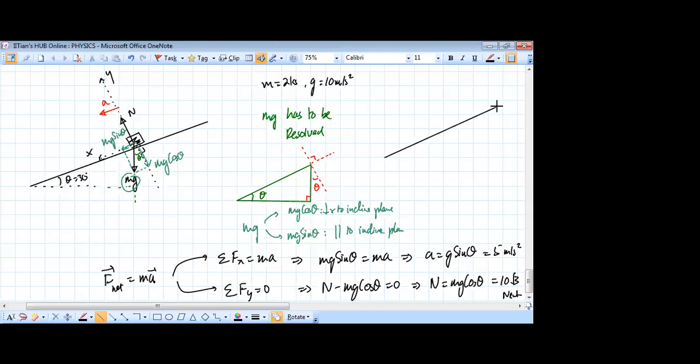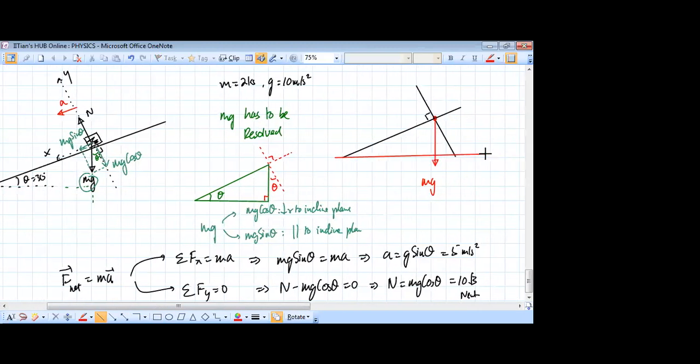If the inclined plane is at theta to the horizontal, then this angle becomes theta.